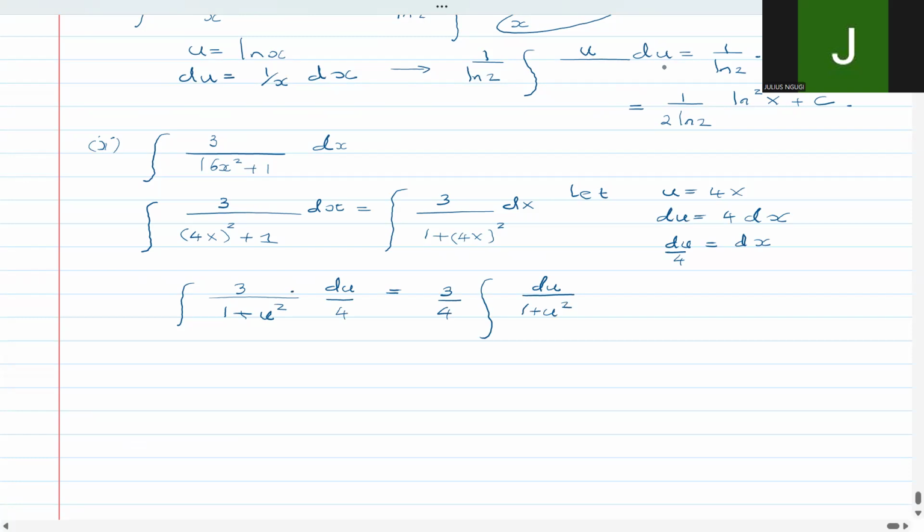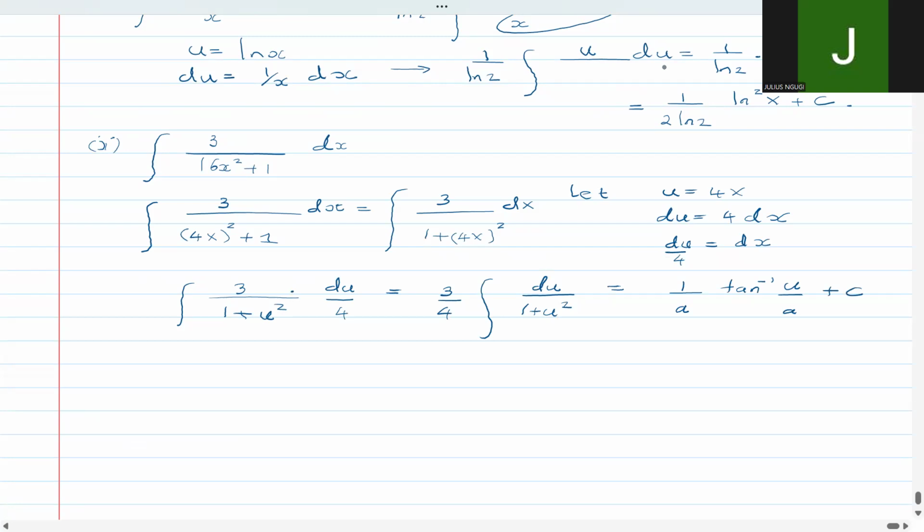And this, if we recall the derivatives of inverse trig functions, we will find that this is 1 over a, if we had an a, which is 1, tan inverse of u over a, plus a constant c.